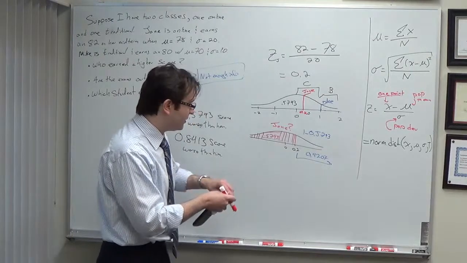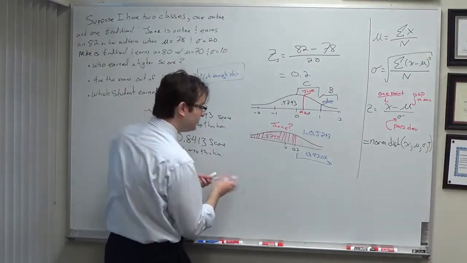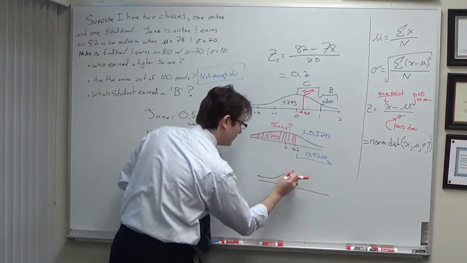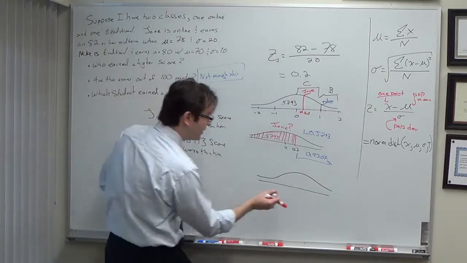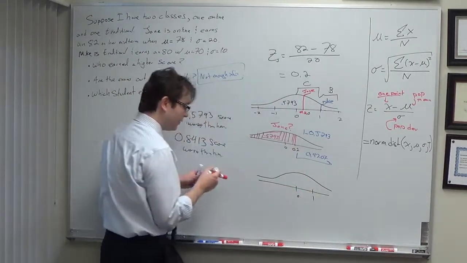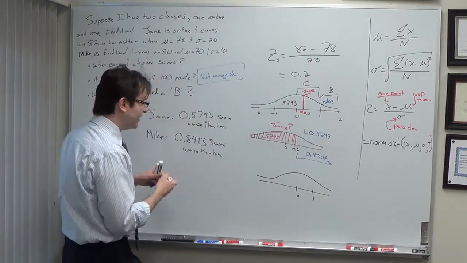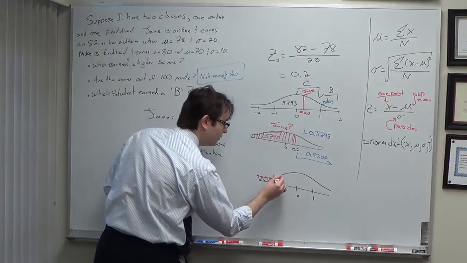If we take a look at Mike, we find a very different scenario. For Mike, his score was a z-score of 1. So if we looked up, we'd find that to the left, we had 0.8413.